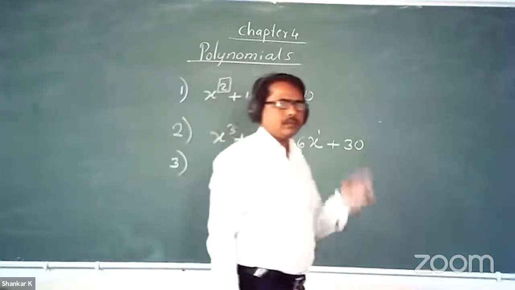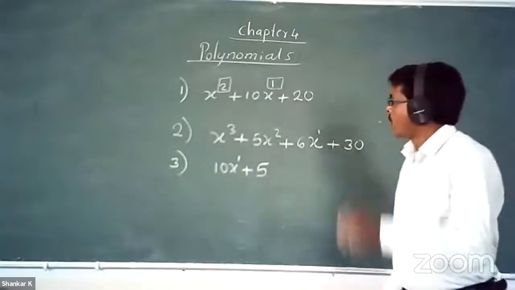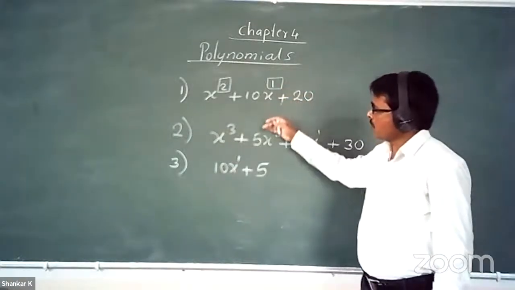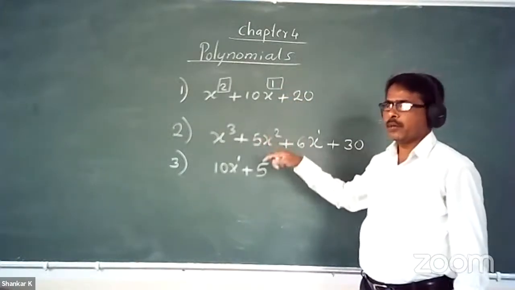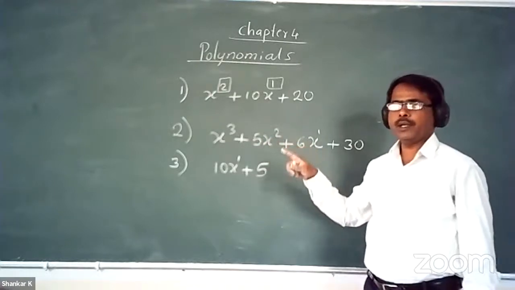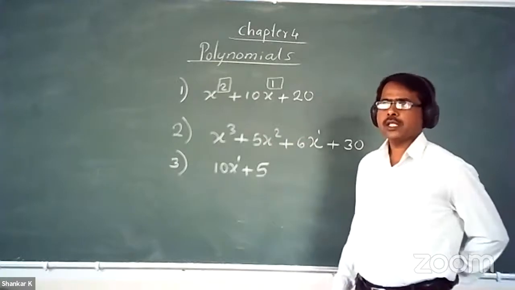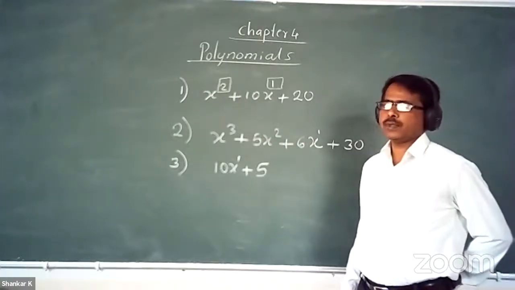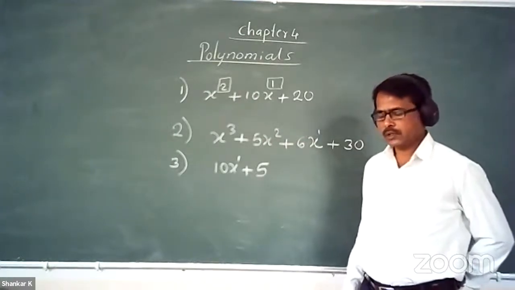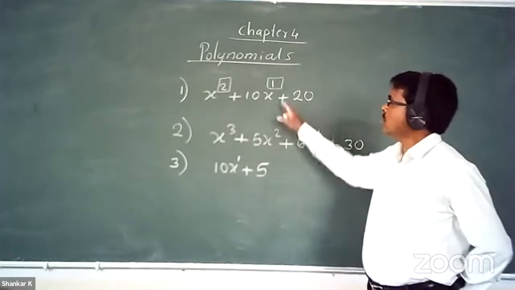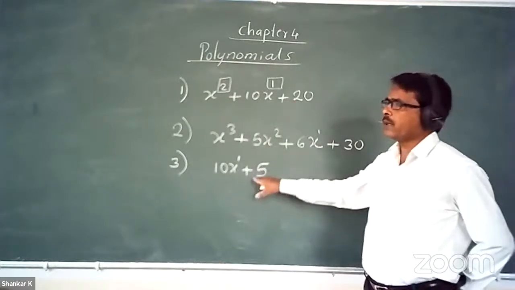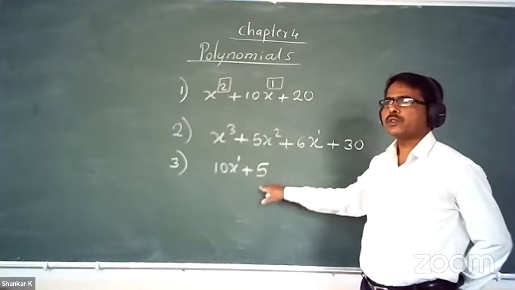What did we say? What is a polynomial? An algebraic expression which has whole numbers as exponents is a polynomial. So now these are all polynomials. This polynomial has how many terms? 2 terms.